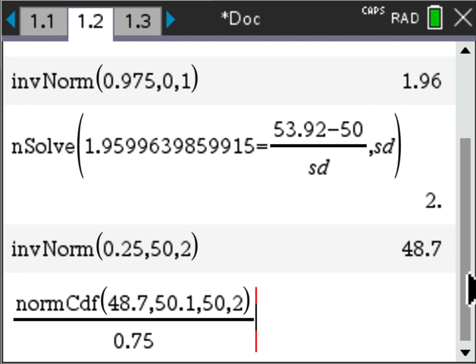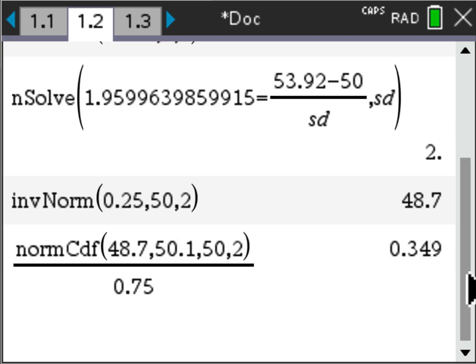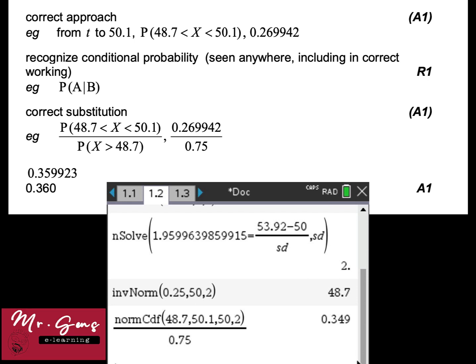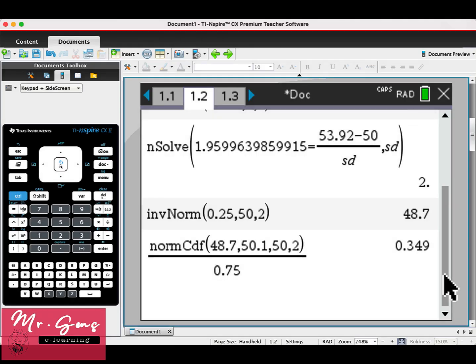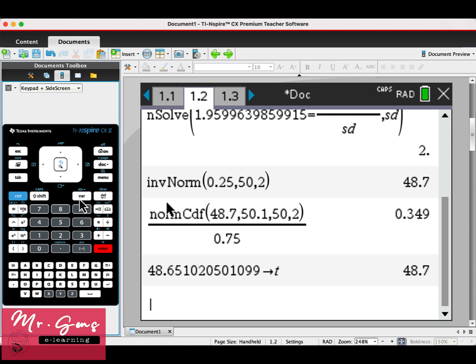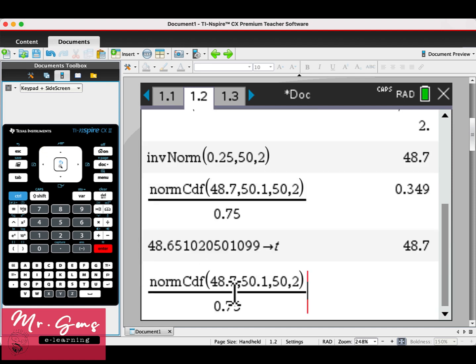I type my equation, press enter, and here's the probability. We have a little problem here. If you look at the mark scheme, the answer is supposed to be 0.36, but I found 0.349. The reason is the premature rounding. So yes, on a test paper I need to show my answer as 48.7, but it is not exactly 48.7.